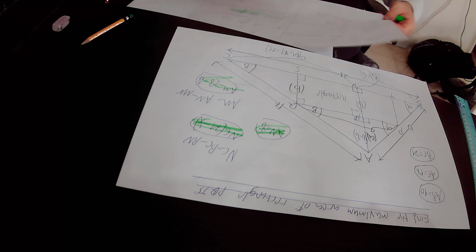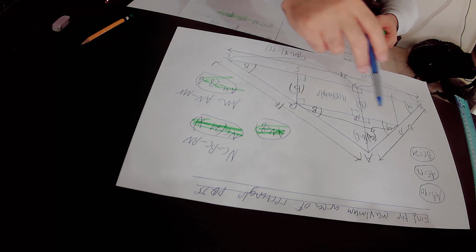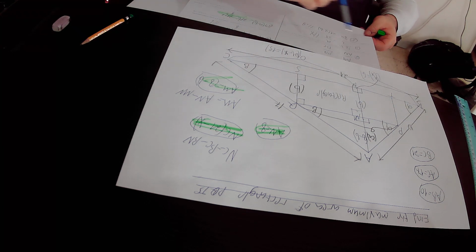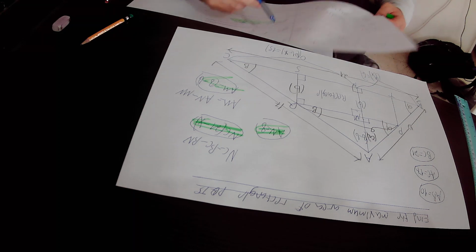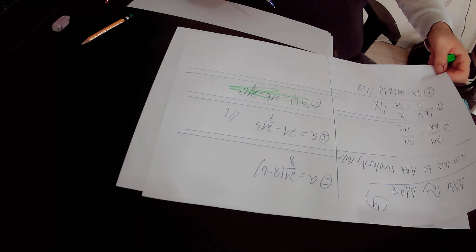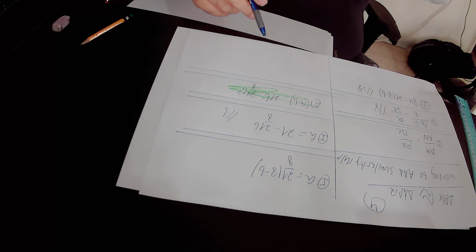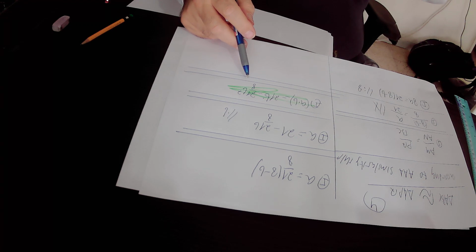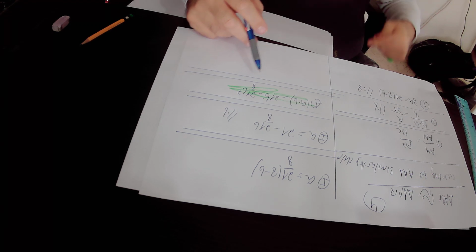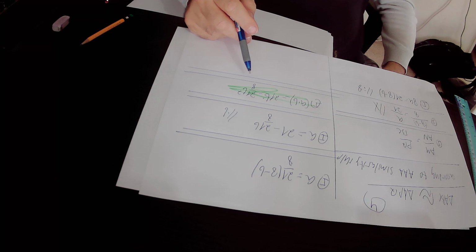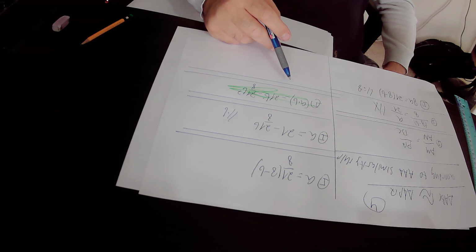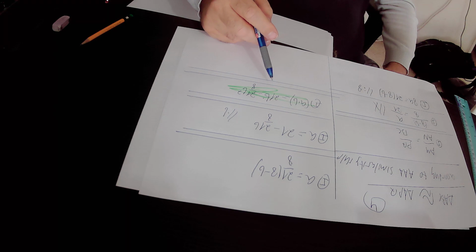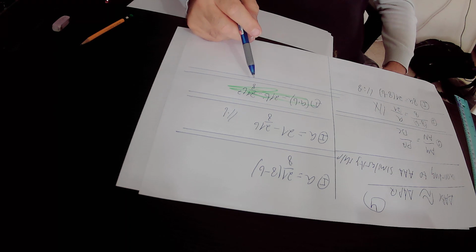And our mission is to find out the maximum area of this rectangle PQST. Or in other words, our mission is to find out the maximum value of this area function of rectangle PQST. And we know that the area of rectangle PQST equals 21 times B minus 21 over 8 times B squared.